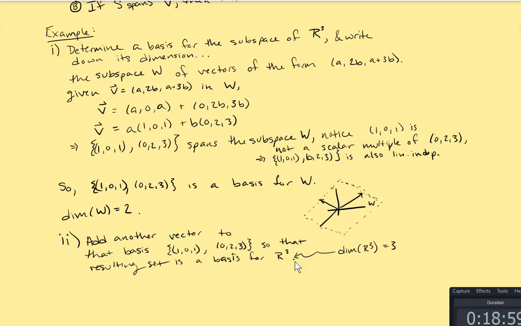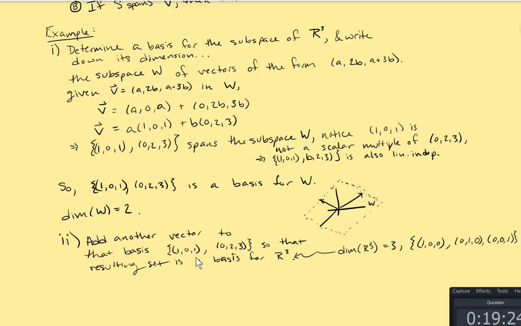We can see it's 3-dimensional because we know the standard basis for R3 is a set of 3 vectors. So since there are 3 vectors in this basis, we know it's 3-dimensional. So we know how many vectors we need. On top of these 2, we need 1 more.